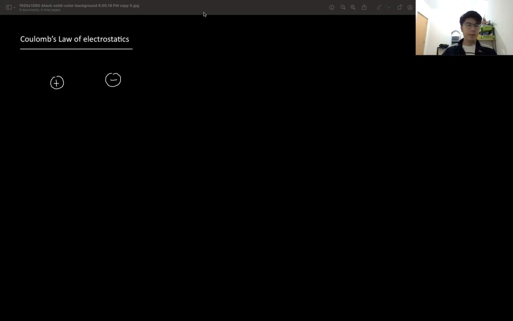All right. Now, suppose that we have two charges, positive and negative, and if you place them together, there will be a force of attraction. Force pulling this one towards here, force pulling this one towards here. According to Coulomb's law, we can actually calculate this force.